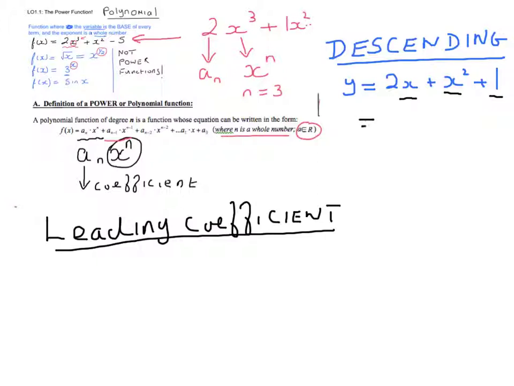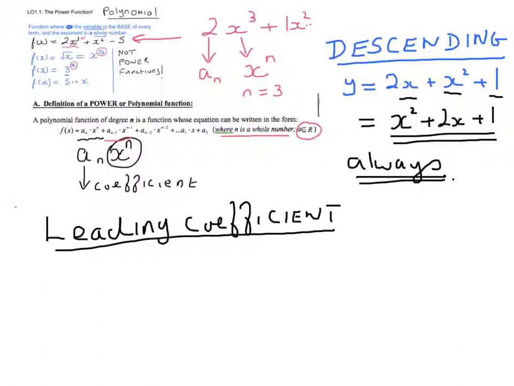We would rewrite this with the highest power of x first, then the next, then the next, descending order. You should always write polynomials in descending order.